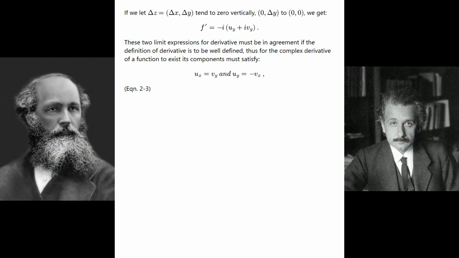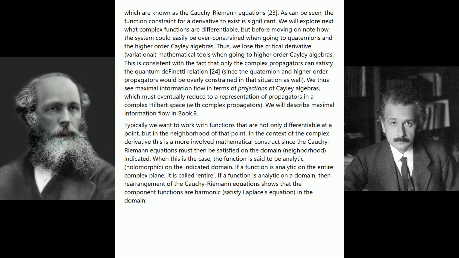If we let Δz = (Δx, Δy) tend to 0 vertically, (0, Δy) to (0, 0), we get, see the next equation. These two limit expressions for the derivative must be in agreement if the definition of derivative is to be well defined. Thus, for the complex derivative of a function to exist, its components must satisfy Equation 2-3, which are known as the Cauchy-Riemann equations.